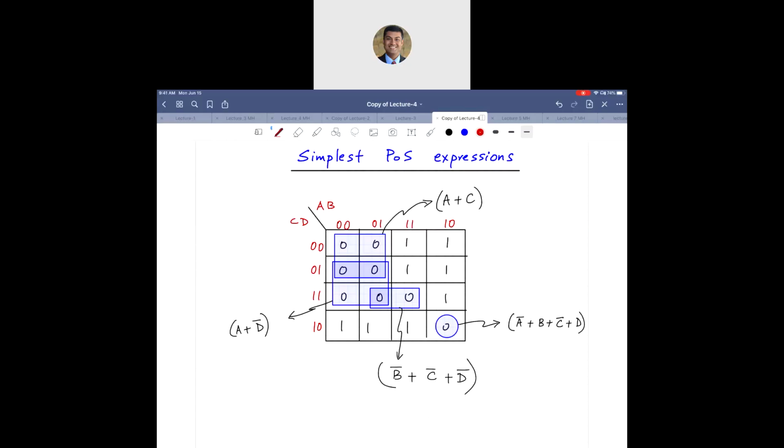So the simplest product of sum expression in this case is going to be A or C, A or D complement, B complement or C complement or D complement. Done.